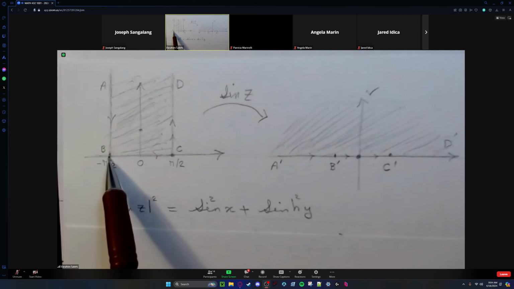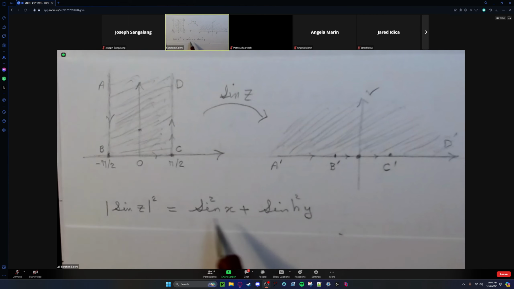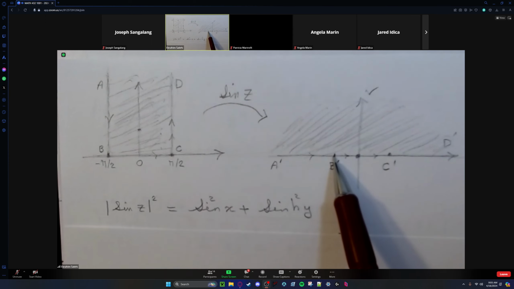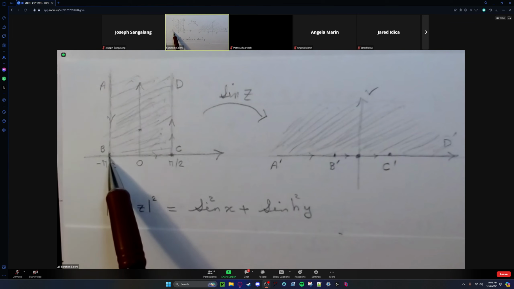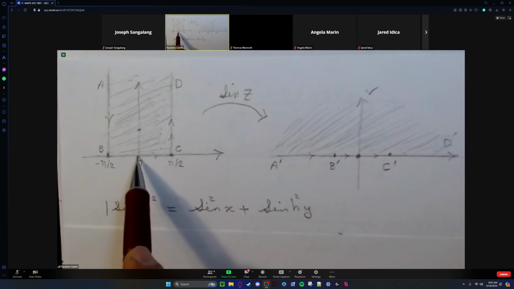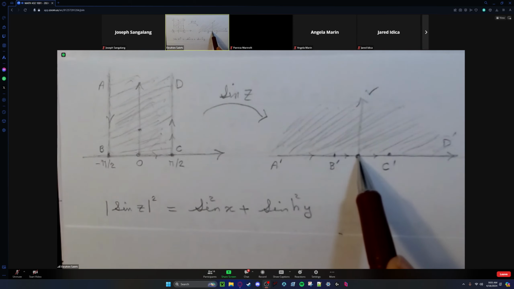Now, at this point, y is 0, so this is 0. And here you get b prime, because sine of negative pi over 2 is negative 1. So this is mapped to b prime. When it comes to zeros, what is sine of 0? It is 0.